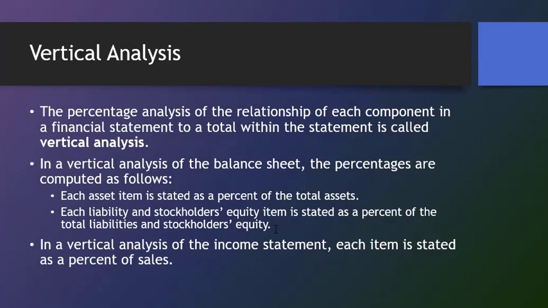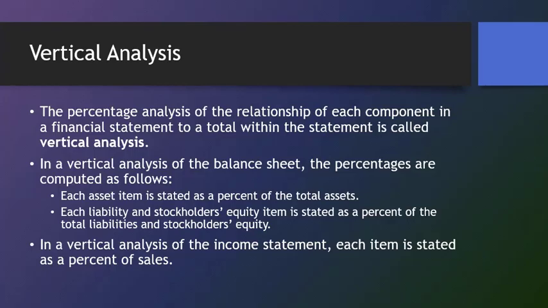But what do we know based on the accounting equation? Accounting equation says total assets equal total liabilities and stockholders' equity. Therefore, basically those numbers are exactly the same. I think it's a whole lot easier to just remember one number. Just remember, total assets is your number. Every single item on the balance sheet should be shown as a percent of total assets. On the income statement, every single item should be shown as a percentage of sales.